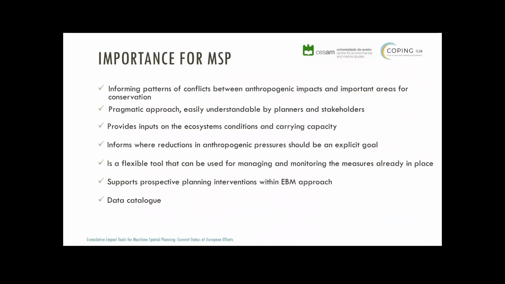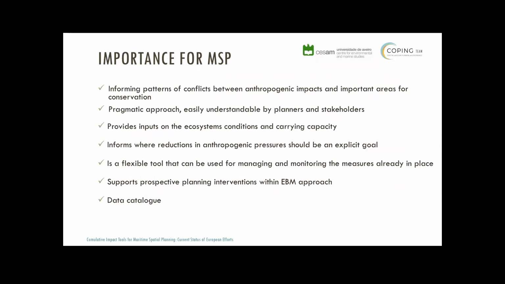In terms of the importance for MSP from these approaches, it's important to highlight that these tools are able to inform the patterns of conflicts between the impacts from anthropogenic activities and also the important areas for conservation.